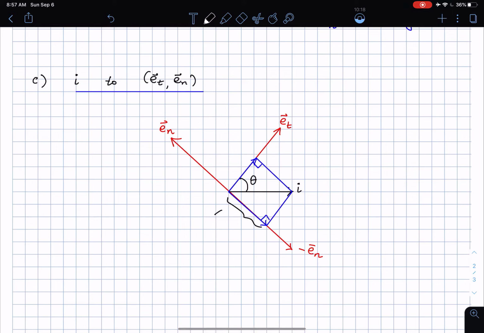This is going to be the magnitude of I times sine theta. This is going to be the magnitude of I times cosine theta. But what do you know the magnitude of I to be?